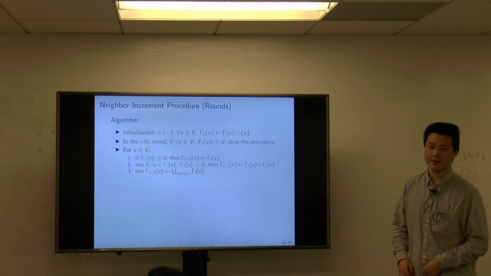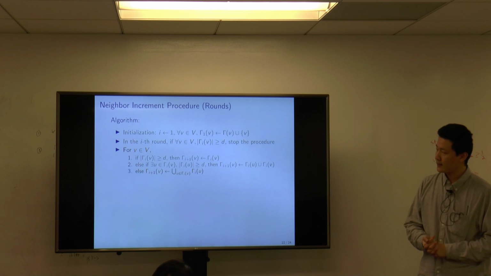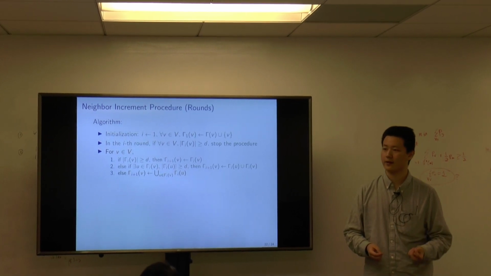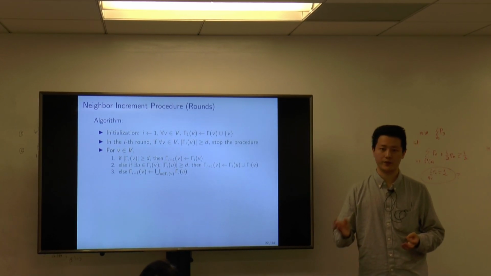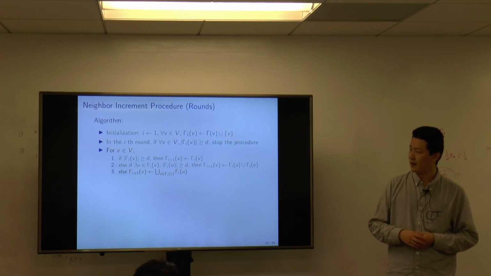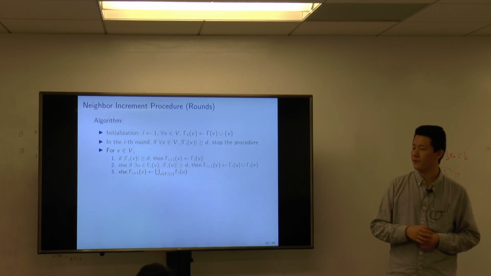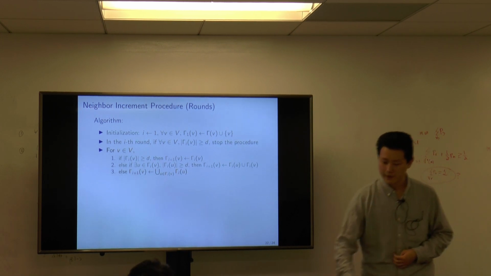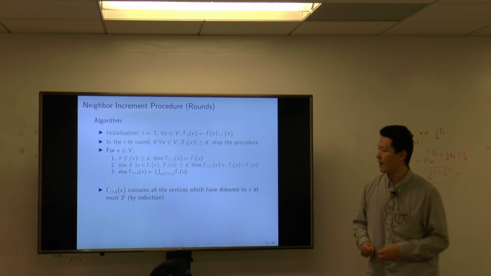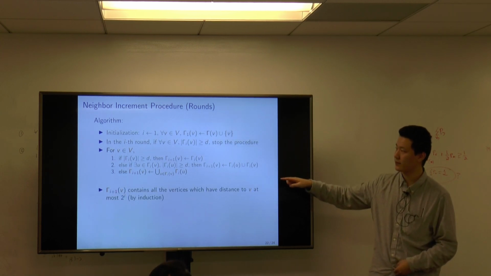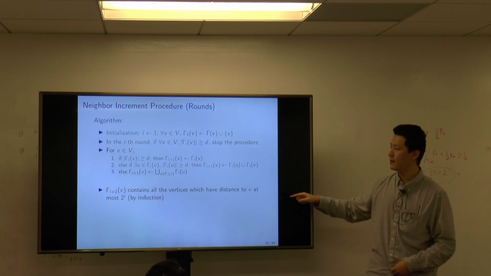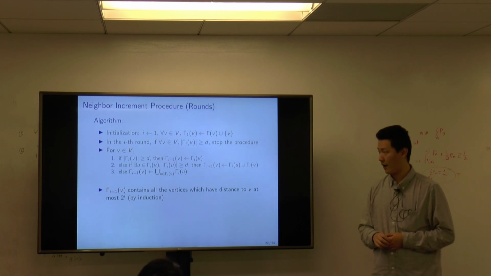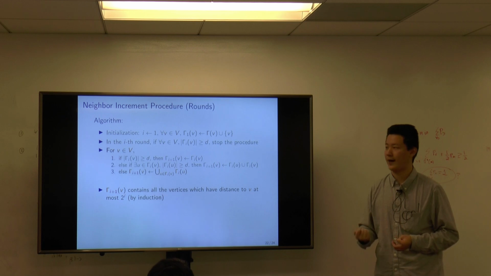And the third case is the most complicated case. In this case, the vertex V has degree smaller than D, and all the neighbors of vertex V have degree smaller than D. After we do this broadcasting procedure, after this round, the vertex V will still have degree less than D. However, we can show that in the ith round, if vertex V is in the third case, then the neighbor set of V will contain all the vertices which have original distance to V at most 2 to the i.